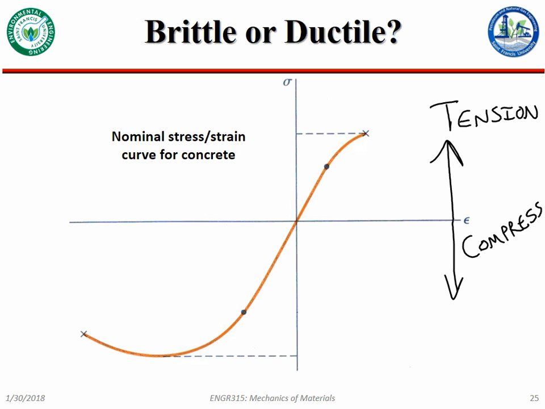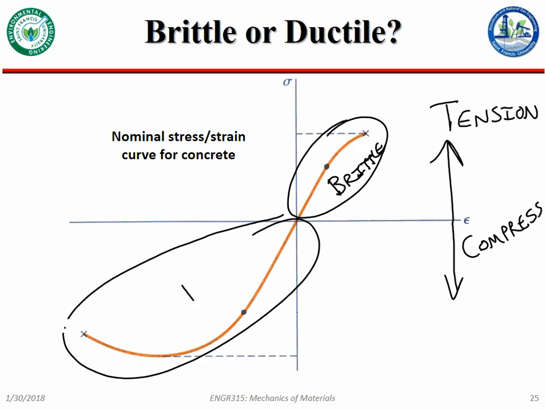And every now and again, you'll run into something like we have a compression test machine over in Sullivan 3. It lists compression as a positive stress because that's all you can do with it. So watch out for people who break your sign conventions. But yeah, Ian, you're absolutely right. It acts more like a brittle material in tension and more like a ductile material in compression.